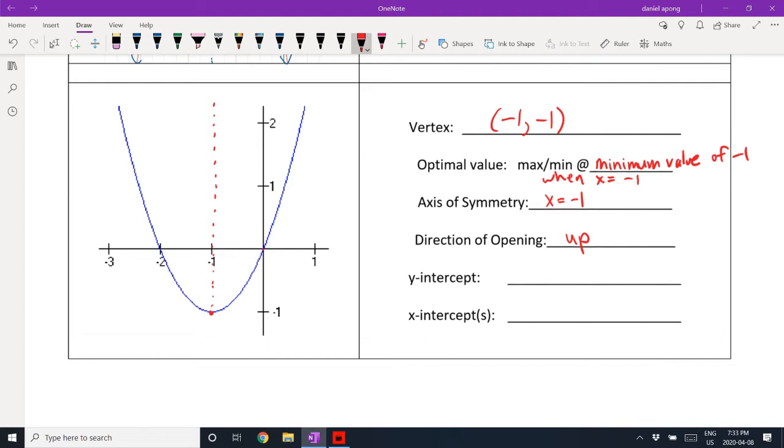We can see the y-intercept is right over here at the coordinate 0, 0. The x-intercept can also be found by examining the graph. We see one at -2, 0, as well as 0, 0. Another way we could state this is y is 0 when x is equal to -2, and y is 0 when x is also equal to 0.